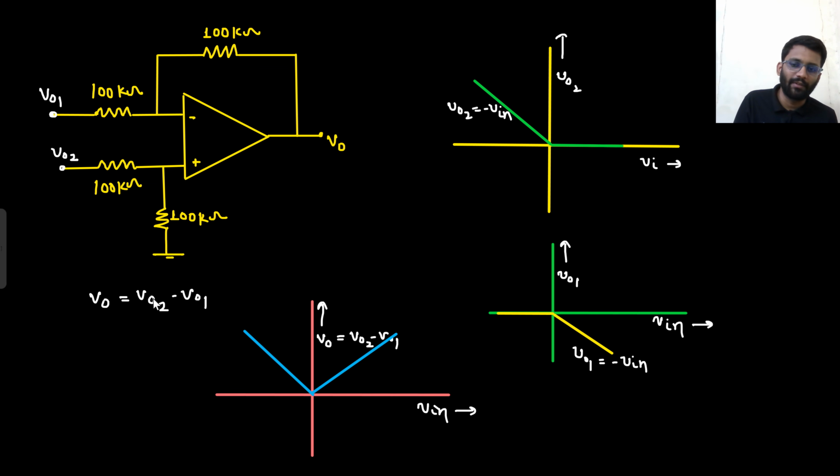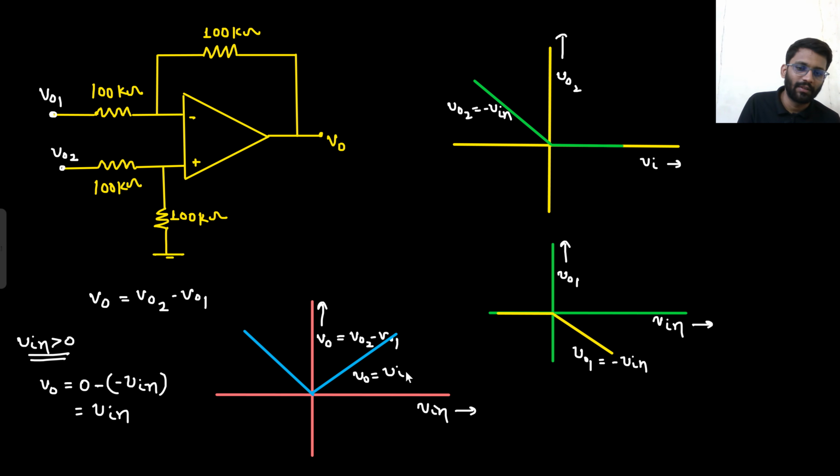V02 minus V01. What is V02? V02 is 0. Minus, what is V01? That is minus V in. So your output would be equal to V in only. So this is the graph of V0 equals V in. This is the positive slope, right?